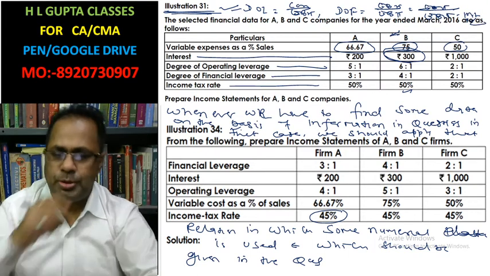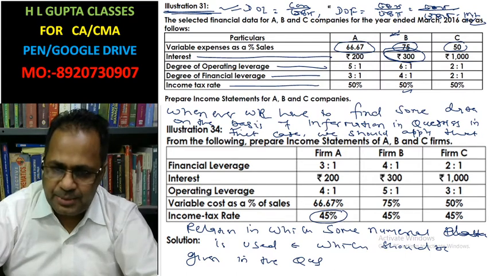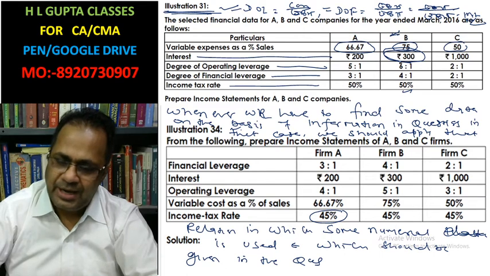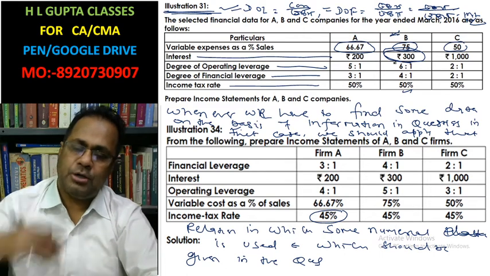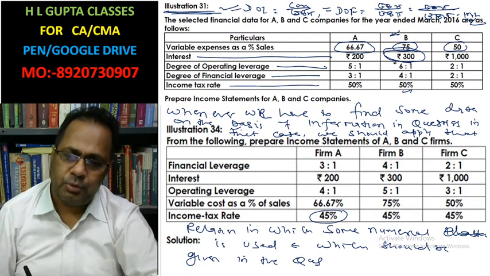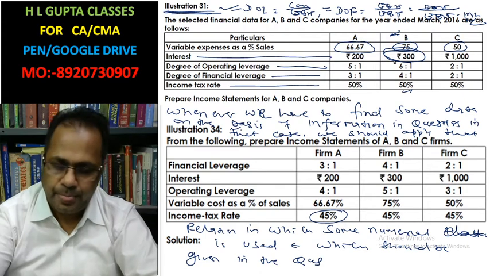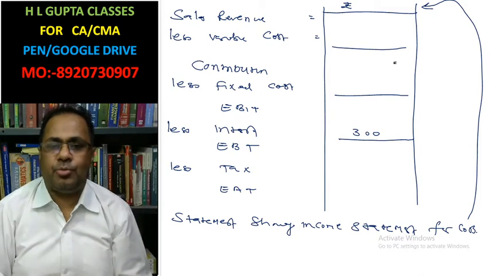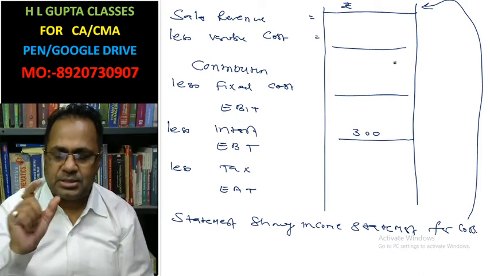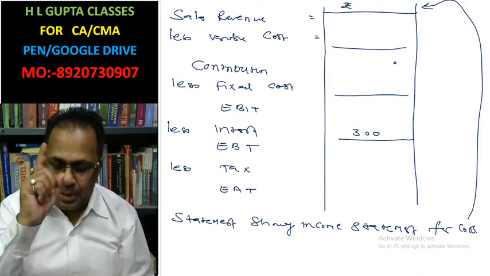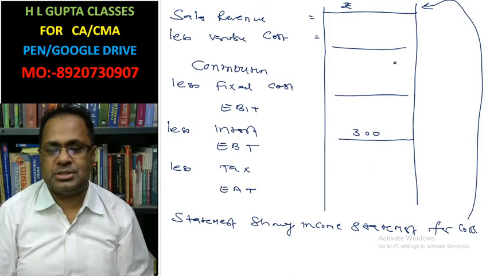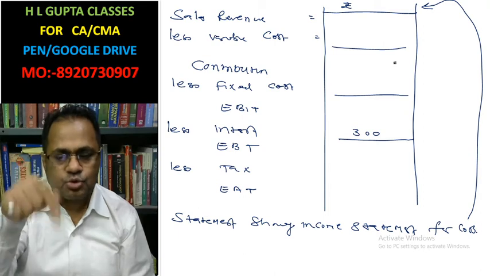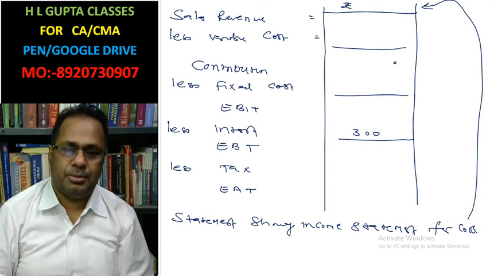Here the interest numerical data is given, and degree of financial leverage is given. In this way, we can calculate EBIT here. After calculating EBIT, other information we can also calculate. Therefore, to find some data, we should first use the formula in which numerical data is available in the question.